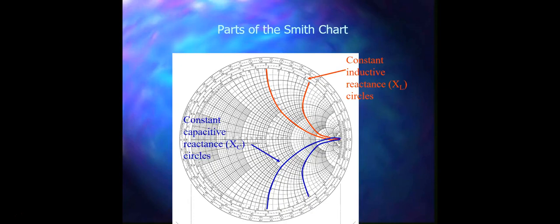If you want to plot the inductive reactances, the upper part of the graph represents the positive inductive reactance, and the lower part of the graph is for the constant capacitive reactance, shown by this blue color, while the constant inductive reactance is shown by this red color. So the inductive reactance is going to be above the real axis, and the capacitive reactance is going to be below it.